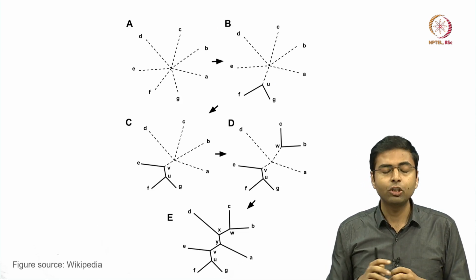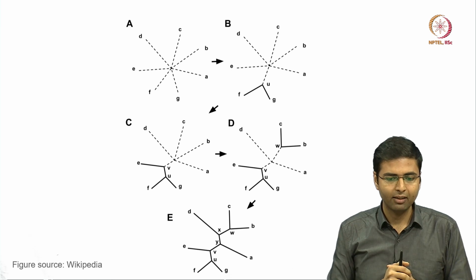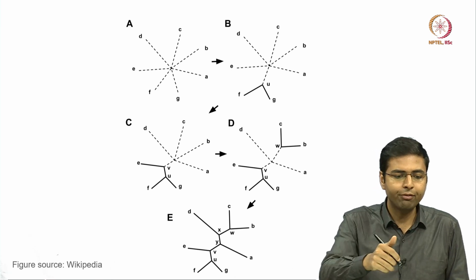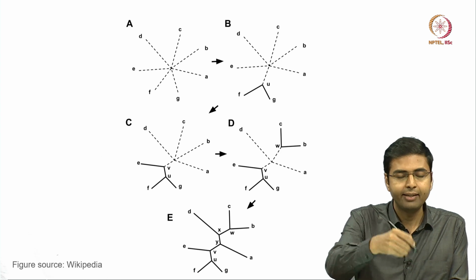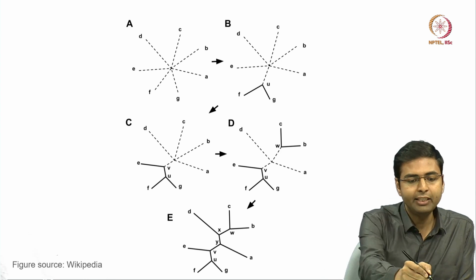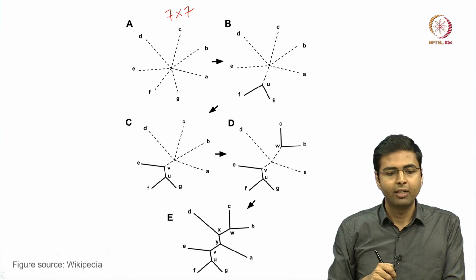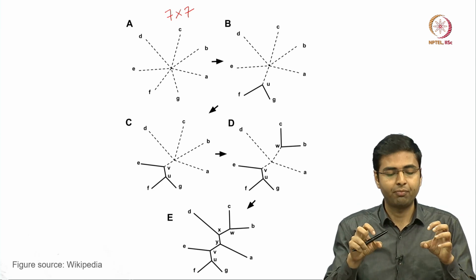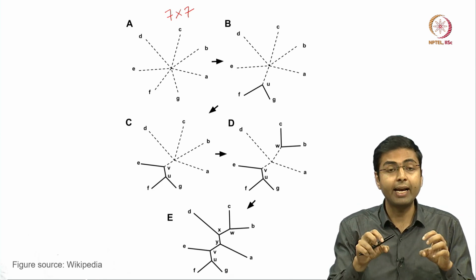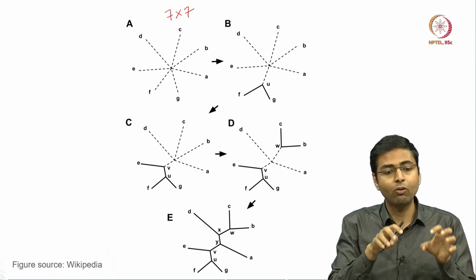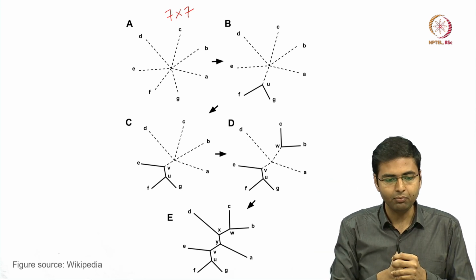Let me show you a visualization of how this algorithm is working. This figure is taken from Wikipedia. Imagine you have 7 taxa that you are working with, so you initially have a 7 cross 7 matrix. Think of each taxa as a leaf node, and you have the pairwise distances between all these leaf nodes.